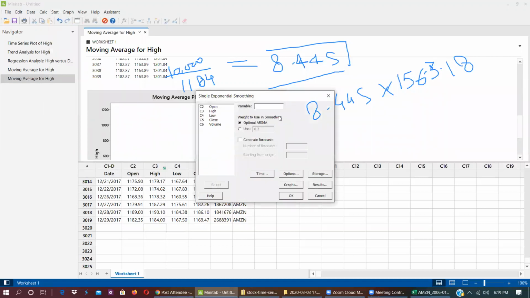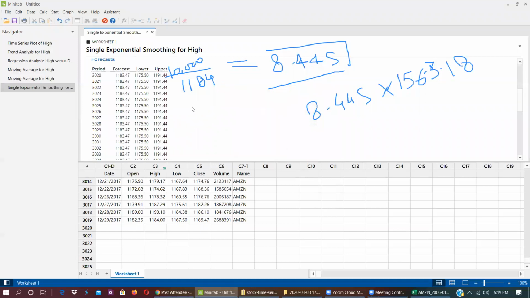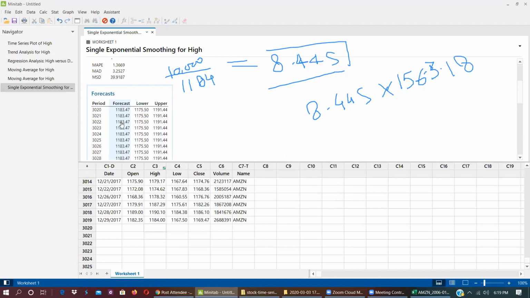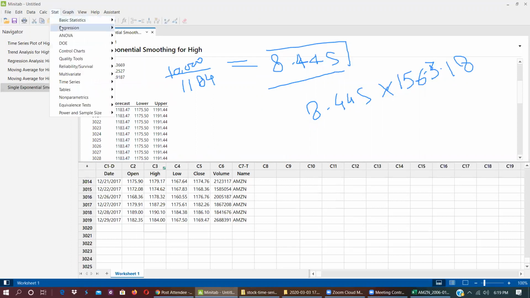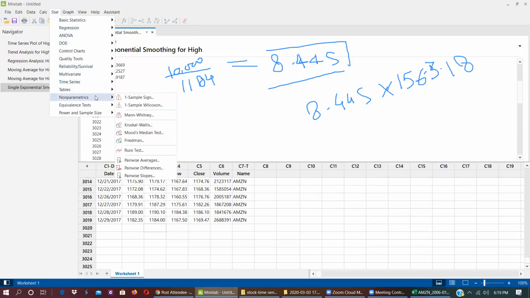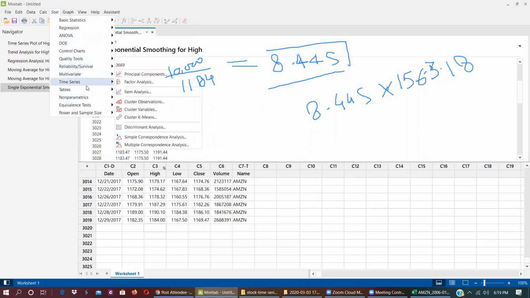So single exponential analysis, double exponential analysis, and generate for 10. Look into that forecast. Yeah, this is the forecasted value. It's constant. Similarly, you can do any other method that is there.